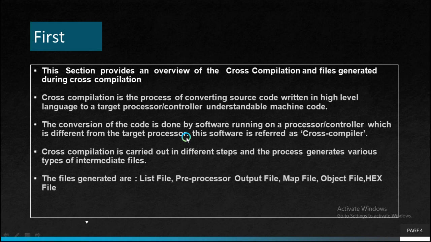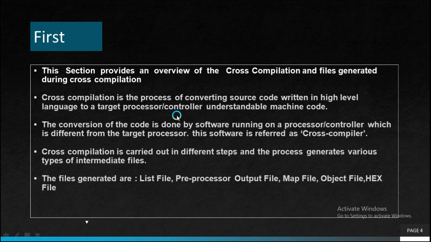Consider a source code that is to be converted into machine code, and this machine code is for a Windows processor. Let the program to be executed be on Windows. So this high-level language should be converted to machine code that is understandable by the Windows processor.